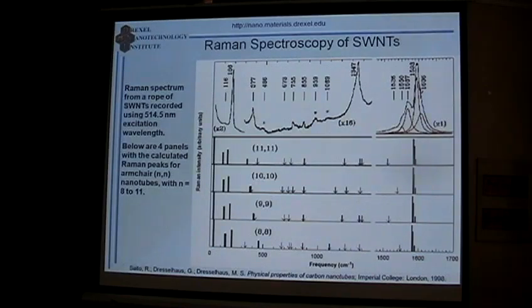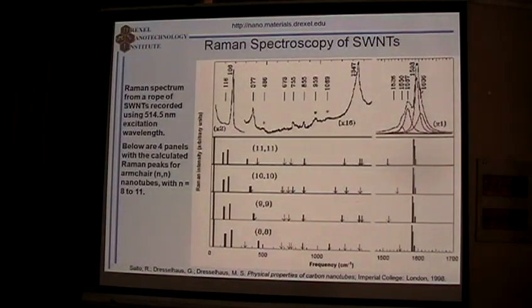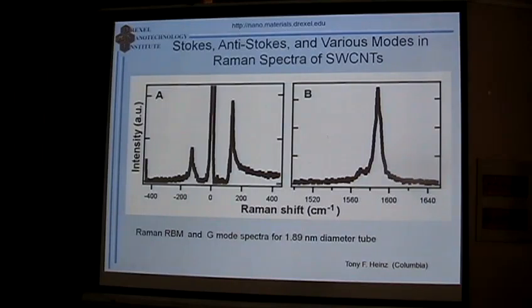The intensity of this peak is strongly dependent on the excitation wavelength. Whatever wavelength you use, some of them will be in resonance, some not. You will see some, you won't see others. And many of them are at very, very close positions. So from Raman spectra, you can make guesses of what it can be, several options, but you can never tell for sure exactly what kind of nanotube you have here.